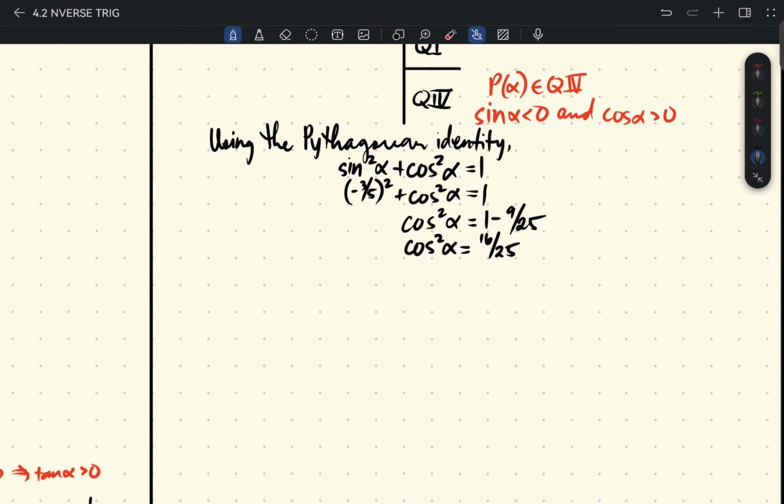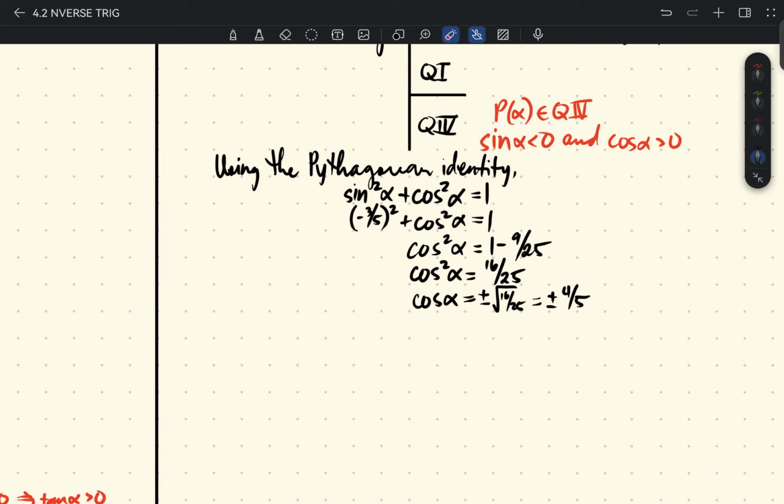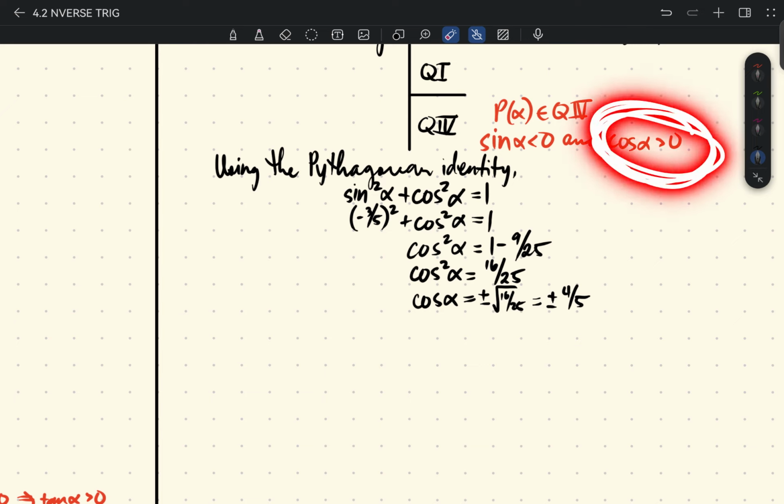And now, obtaining the square root of both sides, you have cosine alpha equals plus minus square root of 16 over 25, which is, by distributing the square root in the numerator and denominator, plus minus 4 over 5. However, what did we say? We said that cosine alpha is greater than 0.